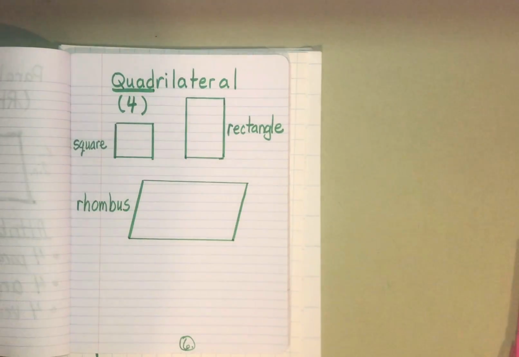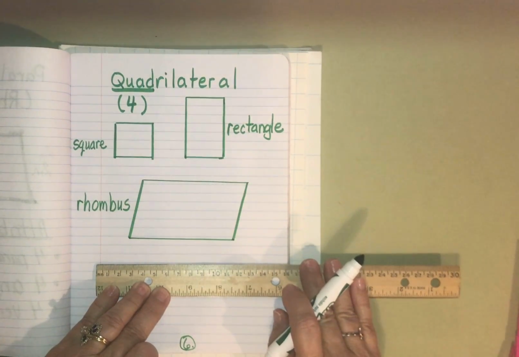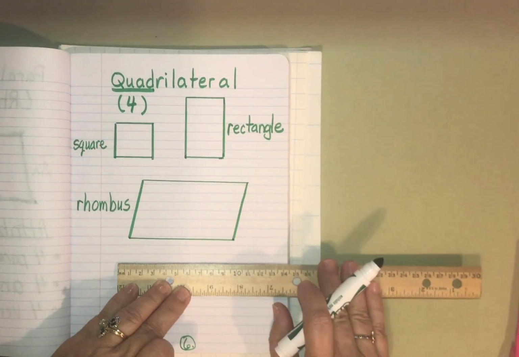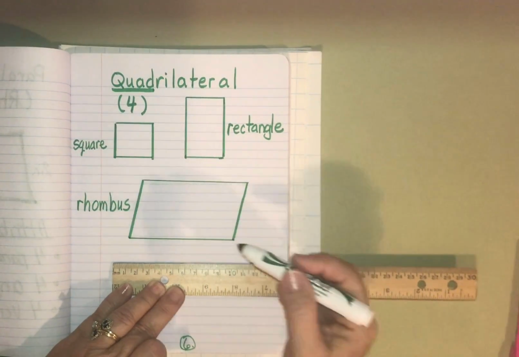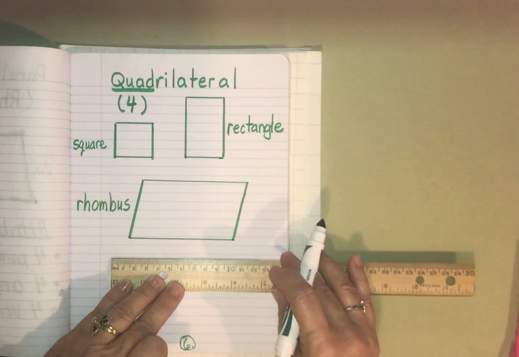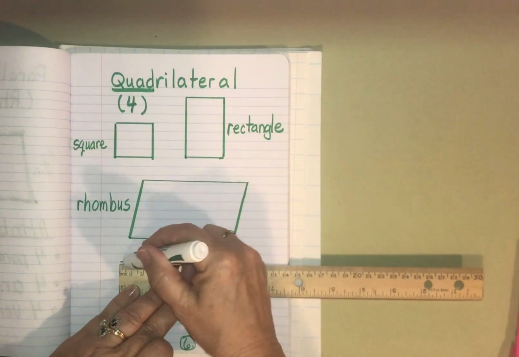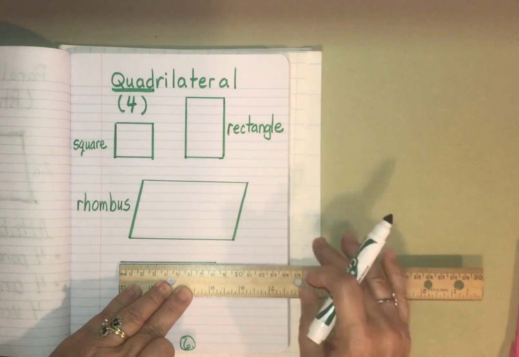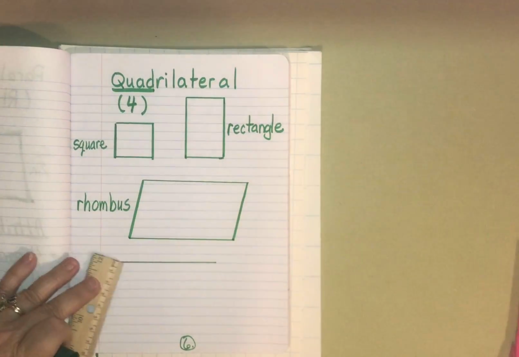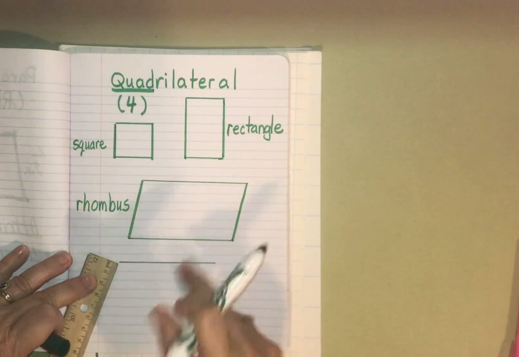Okay, and we have one more that we did already. That would be a quadrilateral that had 4 sides. And it's the one that looks like a trap door. Okay, so let's do this one. Let's make this one 8 centimeters on the top. Okay, remember these are going to go the opposite of the rhombus.